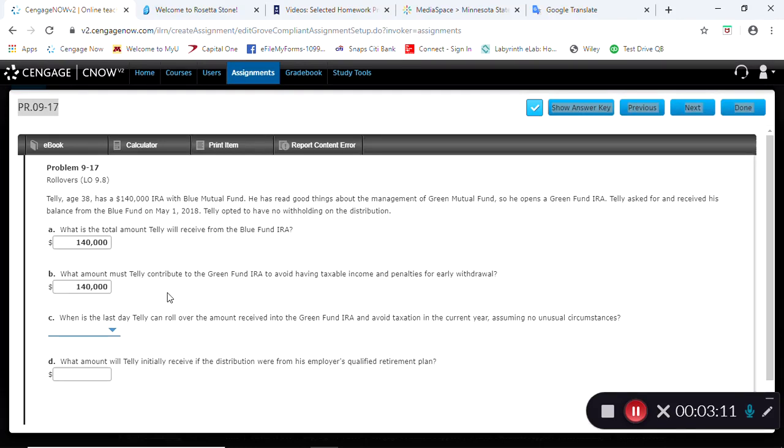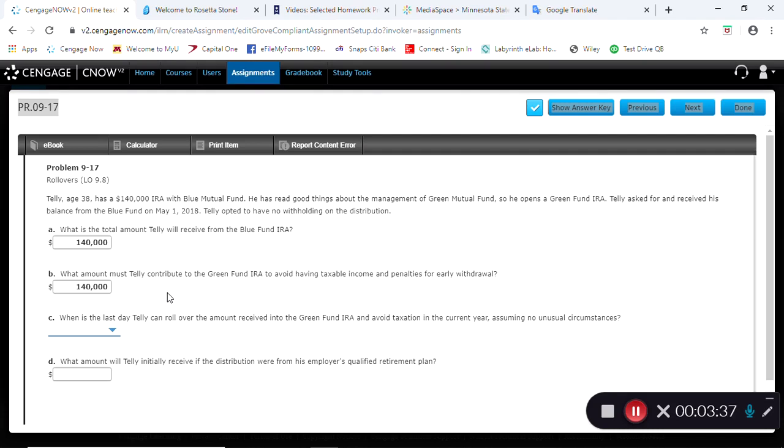He would end up having taxable income for whatever amount he didn't contribute to the new account, and then also he would end up paying penalties. So not the best thing to withdraw money from an IRA and have to pay those penalties unless you have an extreme circumstance. You know, you've got to have them for medical expenses or something like that.